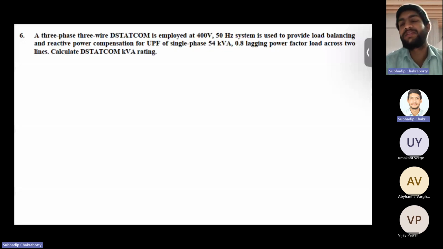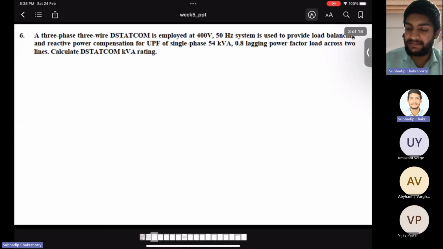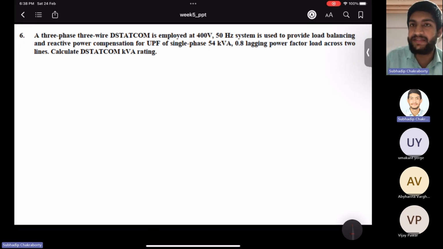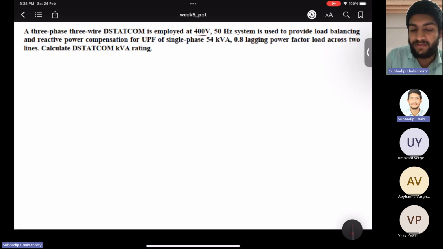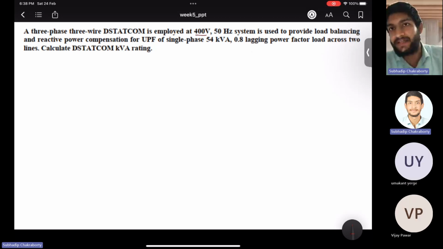If some questions also mention to calculate the RMS value, then also it is understood that you have to take the line voltage which is given. And obviously, when nothing is mentioned, this voltage is also the line voltage. For example, in this question, 3-phase 3-wire DSTATCOM at 400 volts, when I mean 3-wire, it is a star connected system.